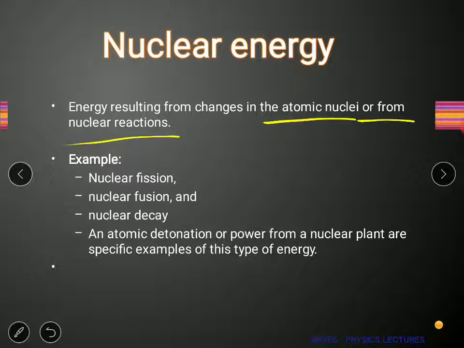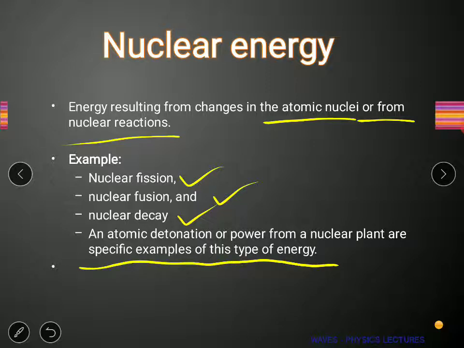We have the fusion reaction and the fission reaction. In fission, more and more neutrons come out, and then we have the nuclear reactors. Everything deals with nuclear energy here, and then we talk about alpha, beta, gamma decay. These are all nuclear reactions, and atomic detonation or power from a nuclear plant are specific examples of this type of energy.